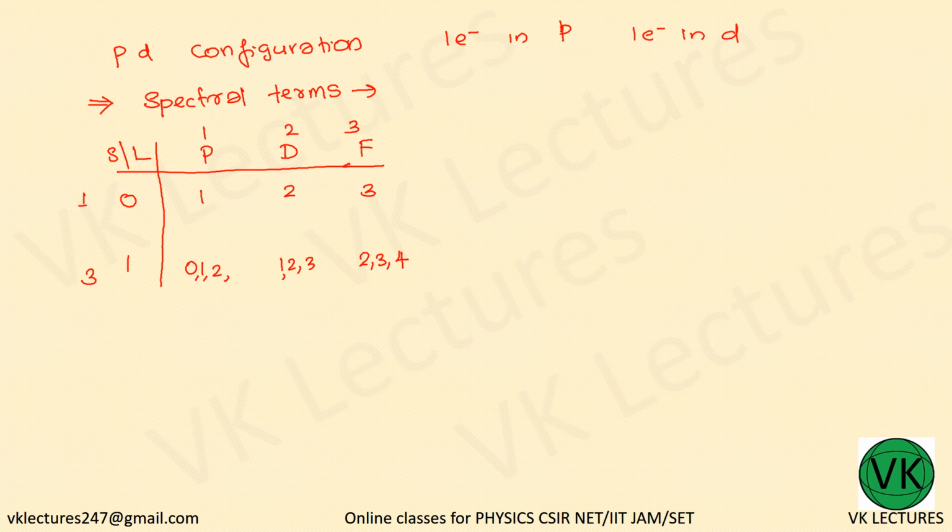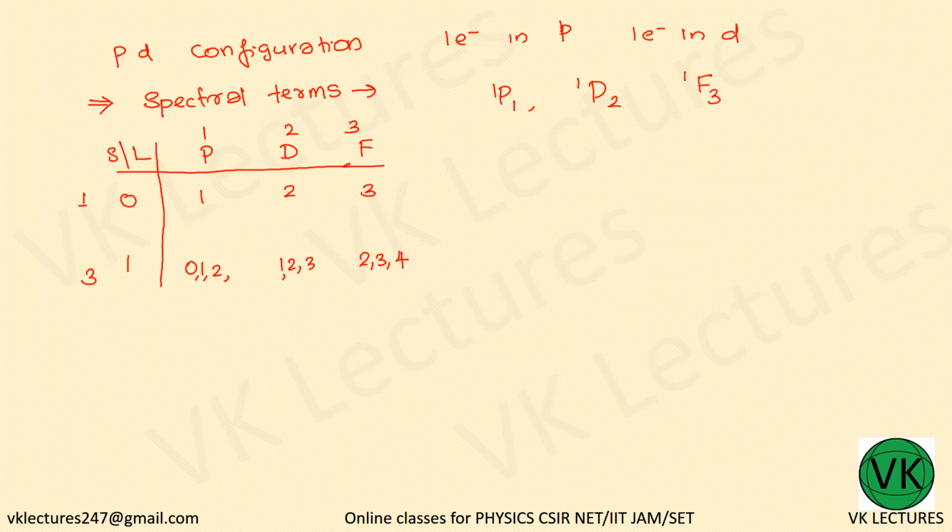Now what are these states? We are starting with the spectral terms, starting with P. We have 1P1, then 1D2, 1F3.